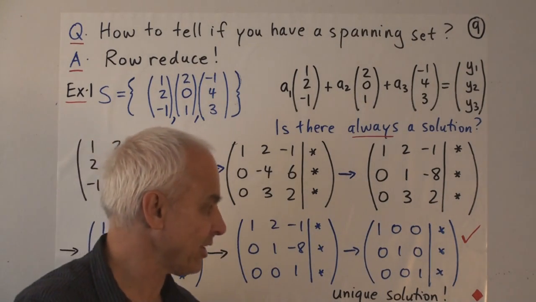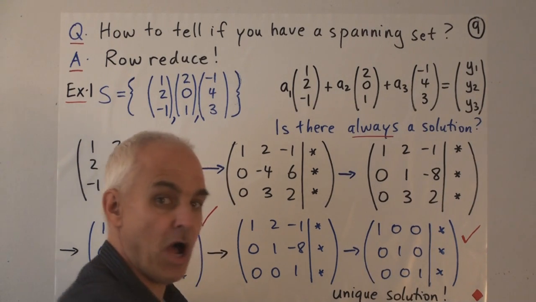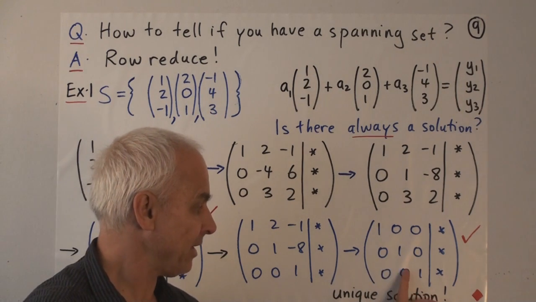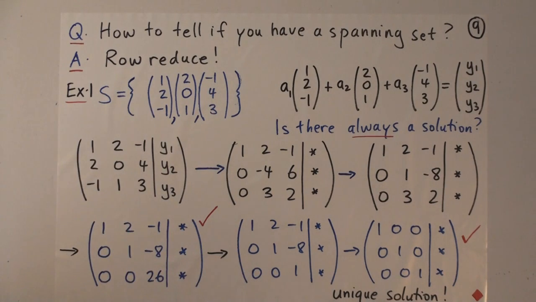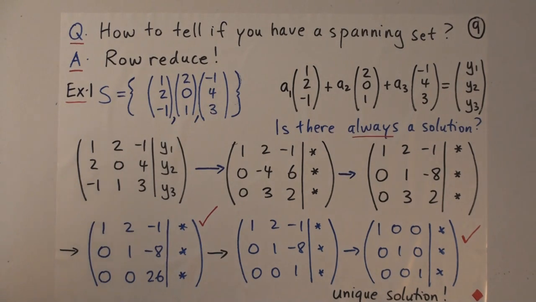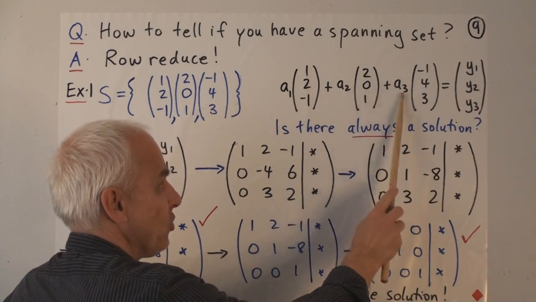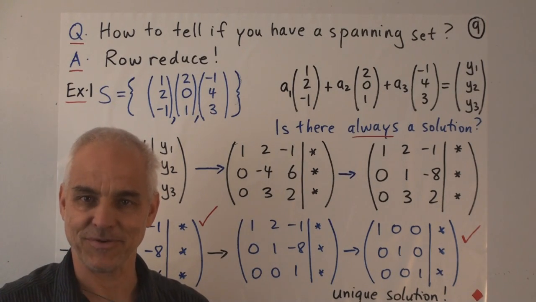There's in fact a unique solution because there are no parameters. There are no non-leading columns on the left-hand side. We have 3 leading columns. So the answer to our original question is yes, this is a spanning set, because we can always solve this system to find A1, A2, and A3. In fact, we always get a unique solution.